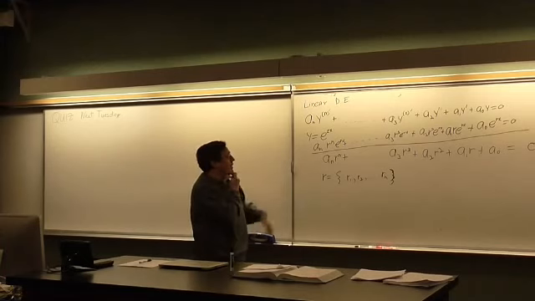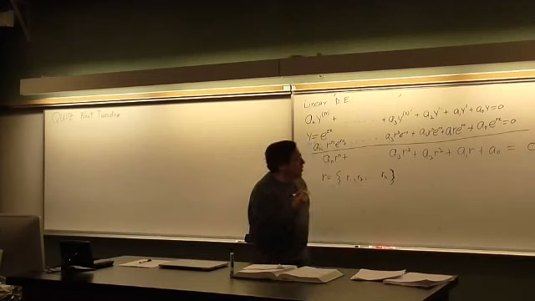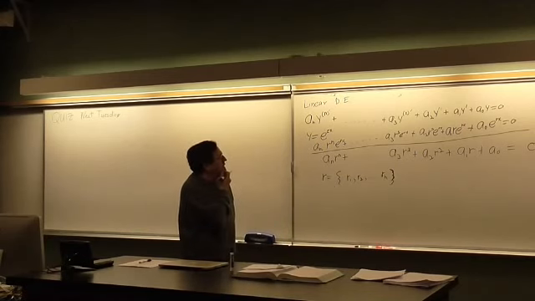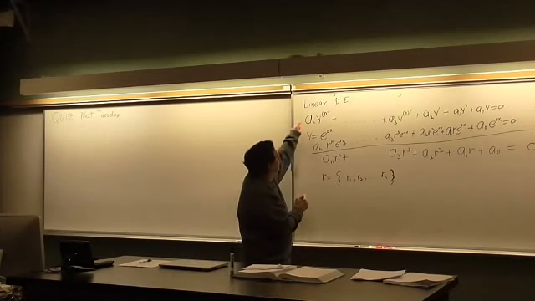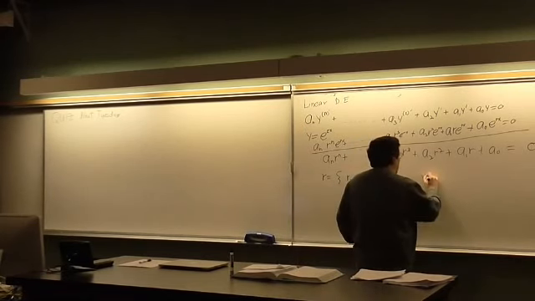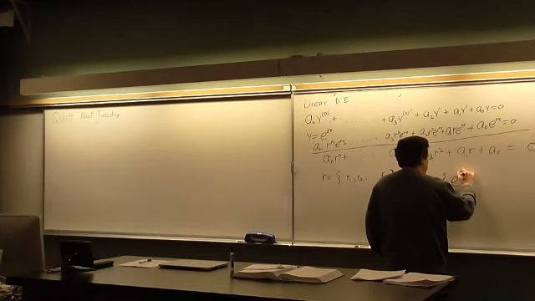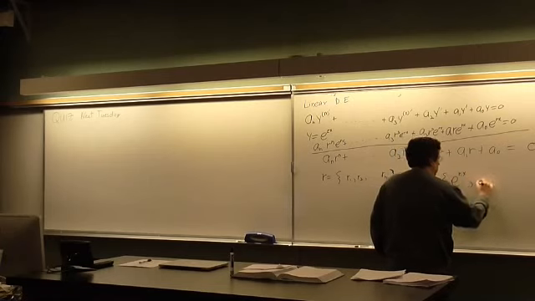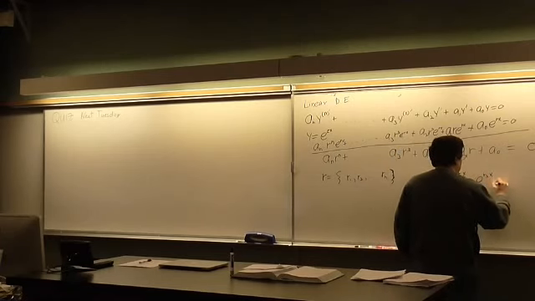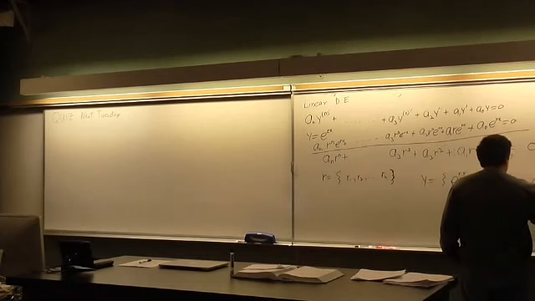So these are R's that will set this to 0, which means that I have solutions to the original differential equation, y equals e to the R1x, e to the R2x, e to the R3x, all the way up to e to the Rnx.